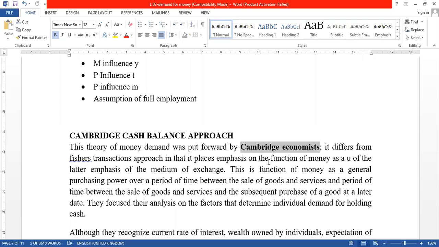Different schools of thought. And therefore, the Cambridge cash balance approach differs from that of Fisher, the one that we have looked at. It differs from the transaction approach given by Fisher, in that Cambridge cash balance places the emphasis on the function of money as a medium of exchange.